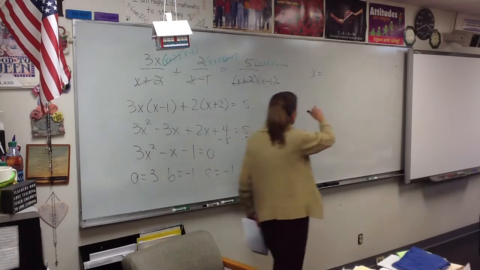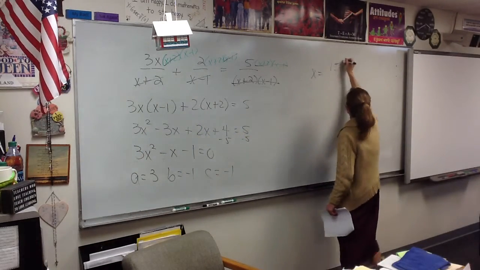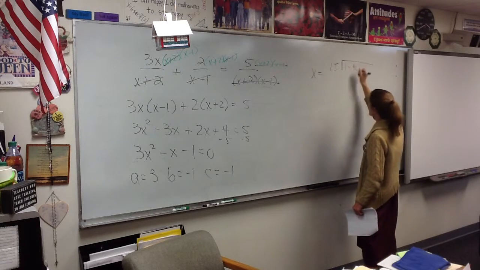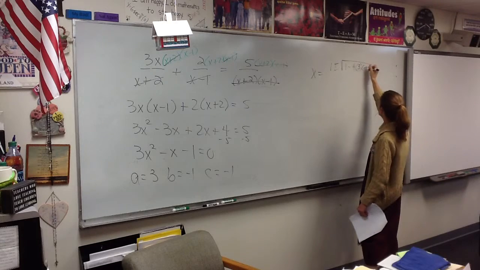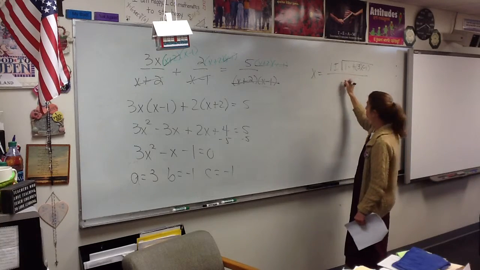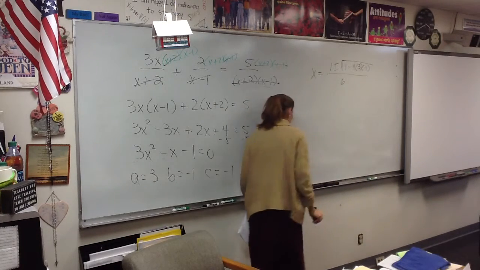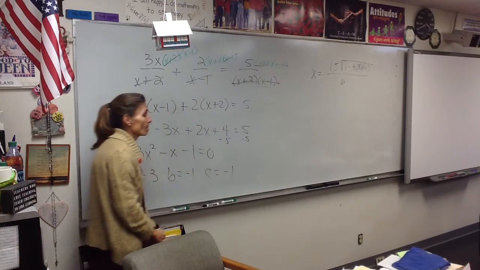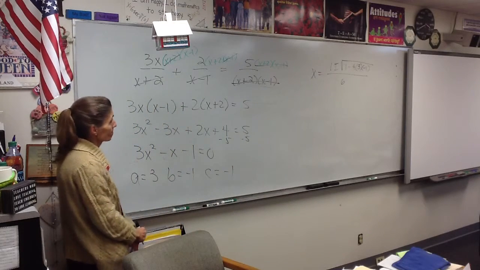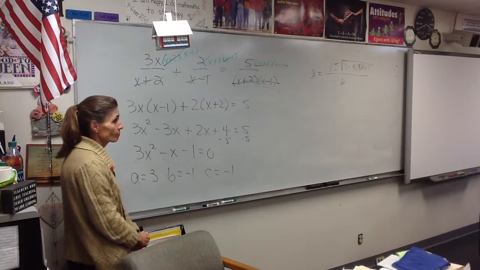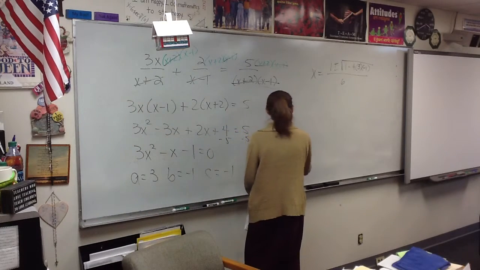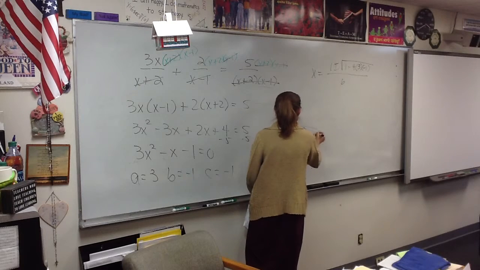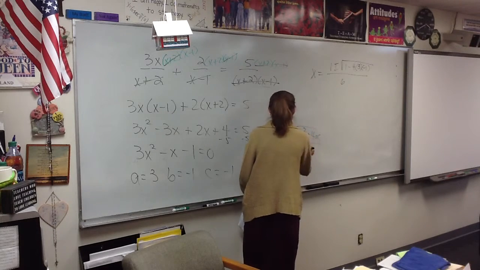So negative B plus or minus the square root of B squared minus 4 times A times C all over 2A. Shoot, some of you may need to write the quadratic formula down. That is fine. Better to write it down than not get it right.